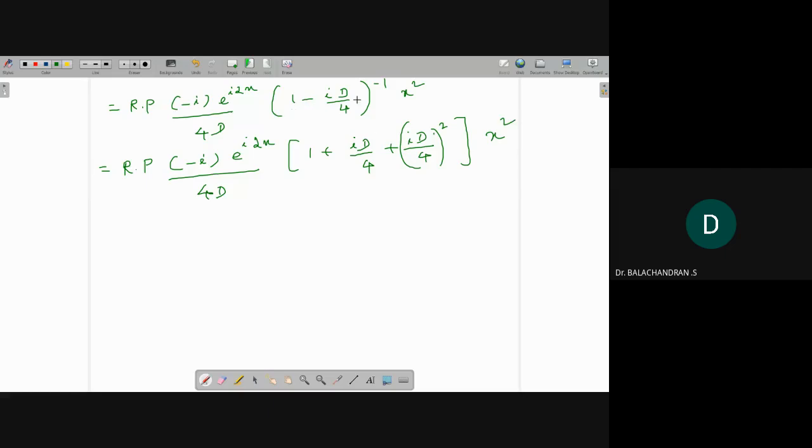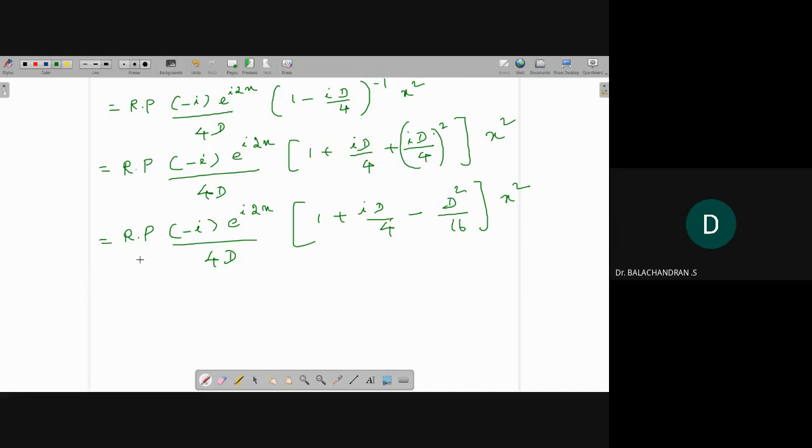So 1 minus x whole power minus 1 is 1 plus x plus x square and so on. So this is equal to the real part of minus i into e power i2x divided by 4D. Simplify this: 1 plus Di by 4, i square is minus 1, minus D square by 16, into x square.